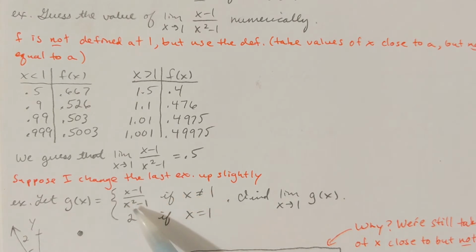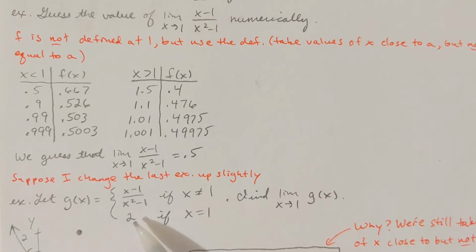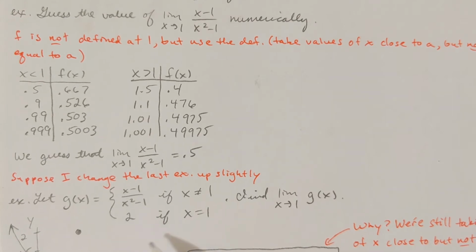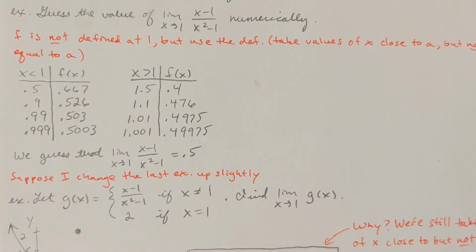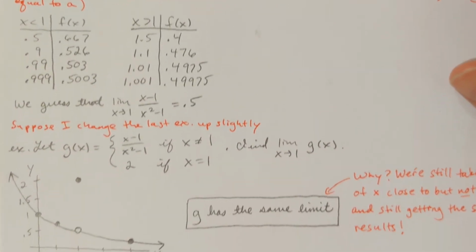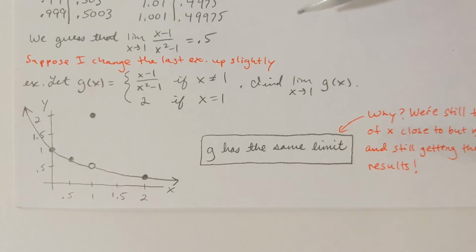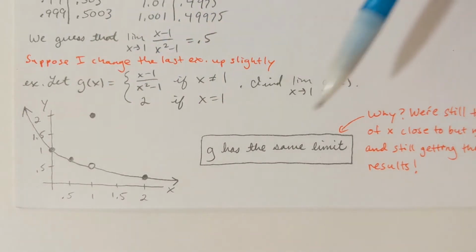Again, I can't divide by 0, right? And then for piece 2, I'll use 2 if x is 1. So I've got this function defined for all x, and I want us to find the limit as x approaches 1 of g of x. Well, I've sketched a graph here, and a graph is helpful if you're a visual learner.